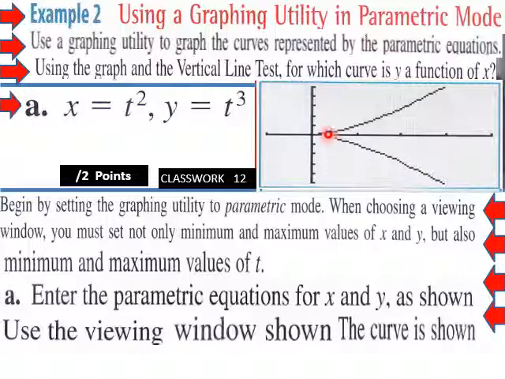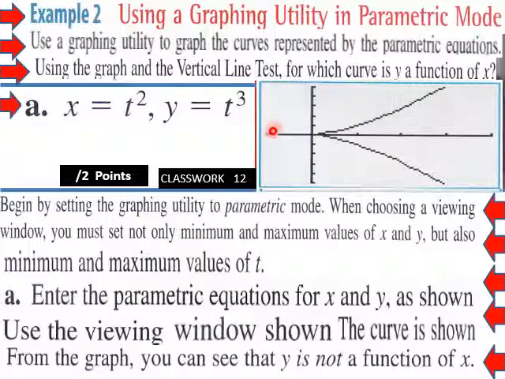And then you get this curve from these two equations. Here would be your curve, y equals t cubed and x equals t squared. From the graph, you can see that y is not a function of x. It would not be a function of x here.